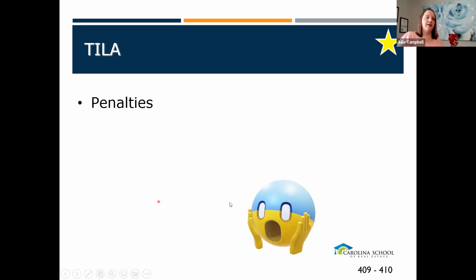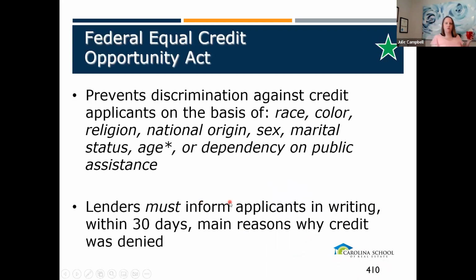Another law that the lender has to follow is the Federal Equal Credit Opportunity Act. The lender has, as does the agent, protected classes. The lender's protected classes are just a little bit different than ours. We will do a side-by-side comparison of their protected classes and ours when we get to Unit 19.